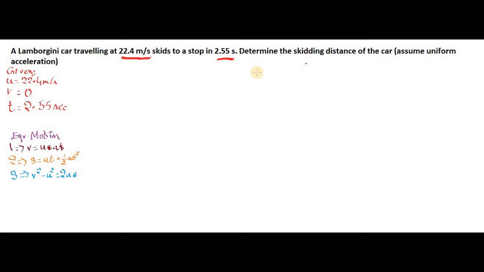The initial velocity, we represent as u, right? So initial velocity u is 22.4 meter per second.